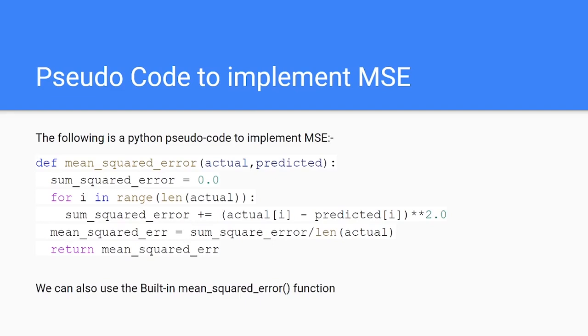Once we have the sum of all the squared errors in our sum square error variable, we then find the mean by dividing it by the length of the output array, which gives us the mean squared error. We can also use a built-in mean squared error function.